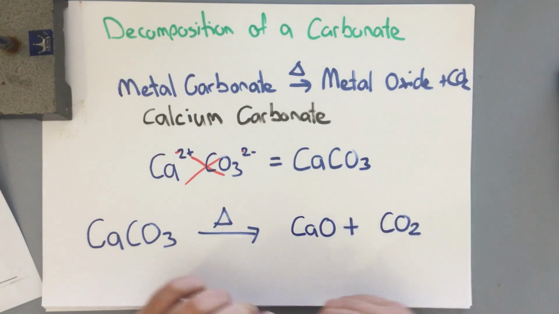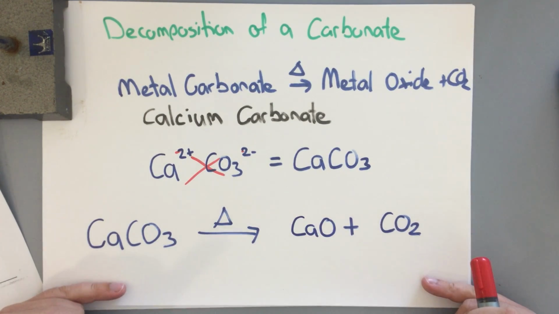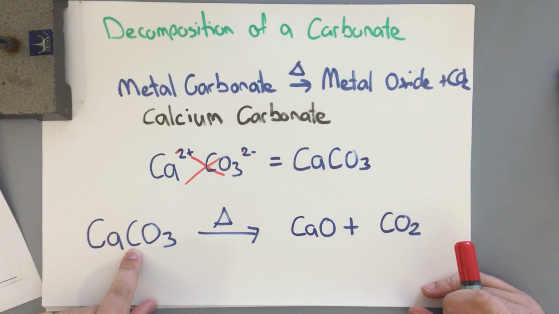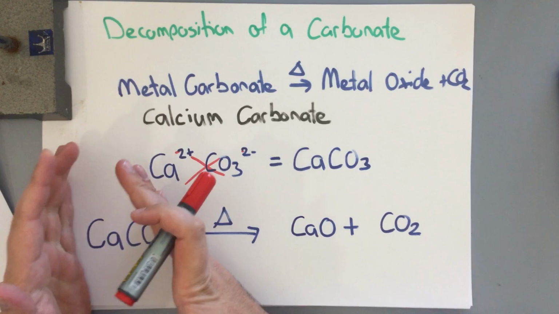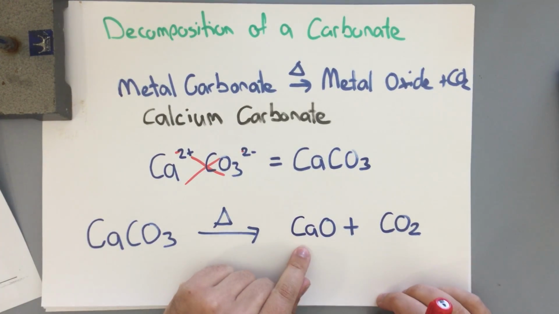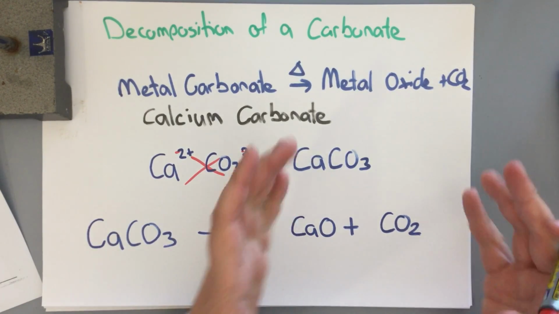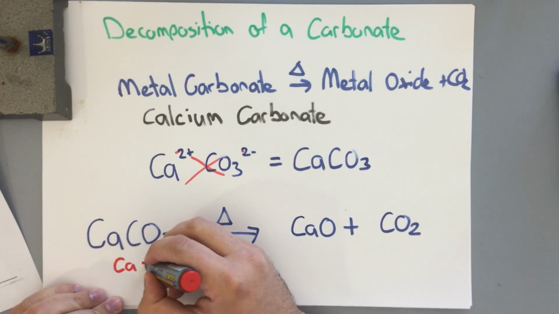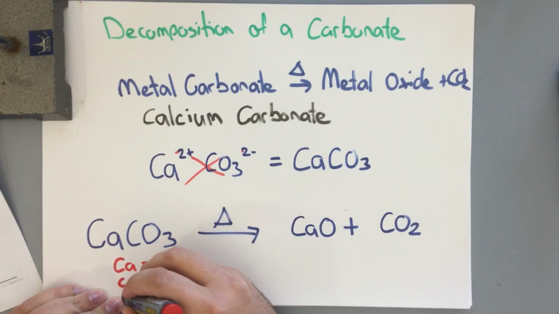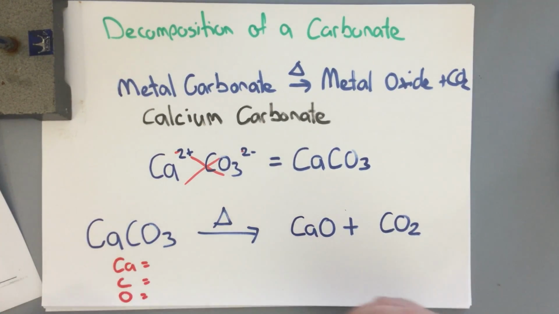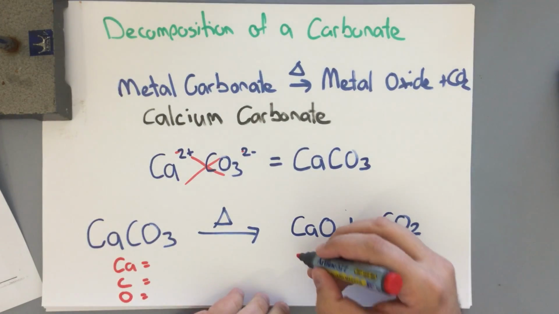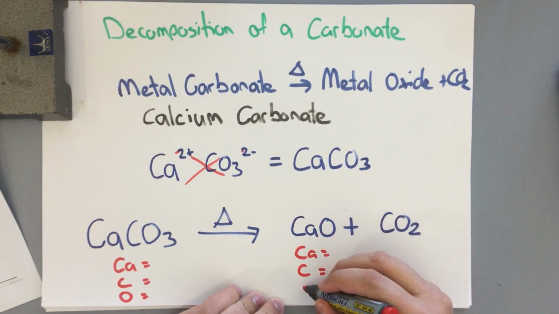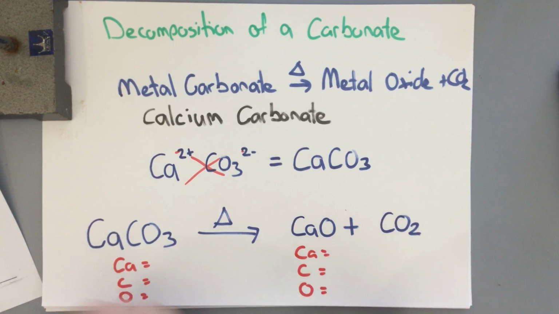Now, to check that this is a balanced equation, we need to check that all the calciums, carbons and oxygens on this side equal the calciums, carbons and oxygens on this side. So let's go Ca equals, C equals, O equals. And on this side we'll go Ca equals, C equals, O equals.